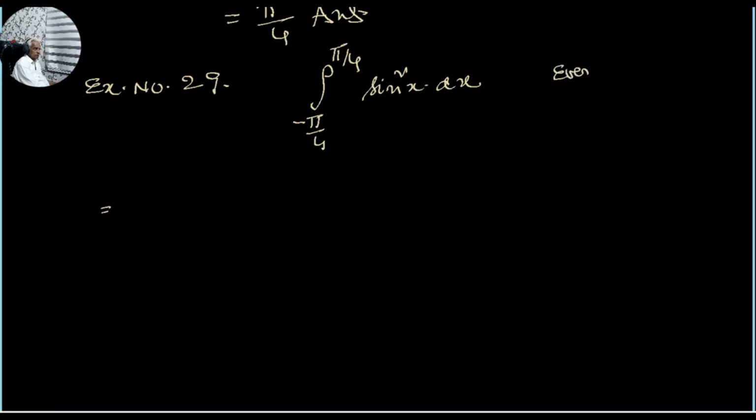The even odd rule is given in, I think, P5 or P6, something. Even odd rule. We get 2 times the integral from 0 to pi by 4 of sine square x.